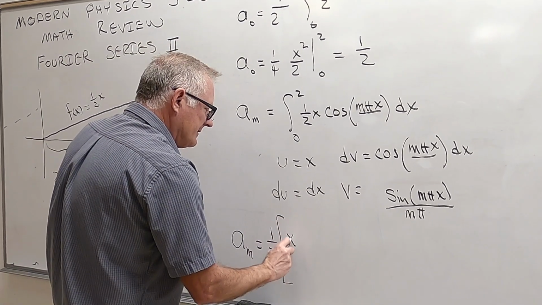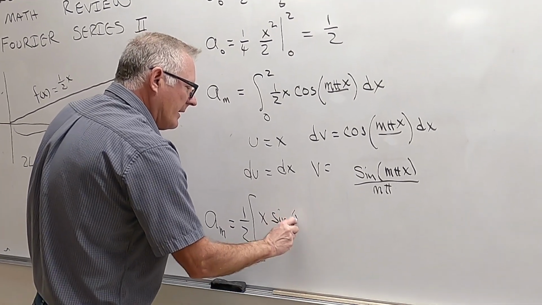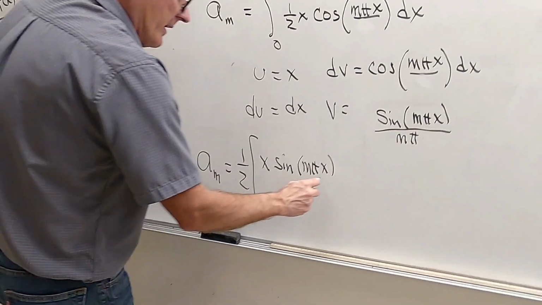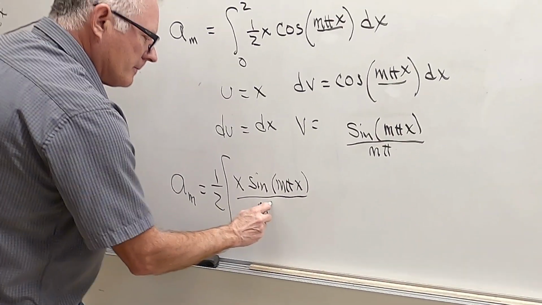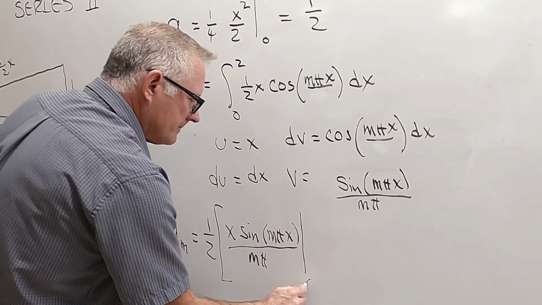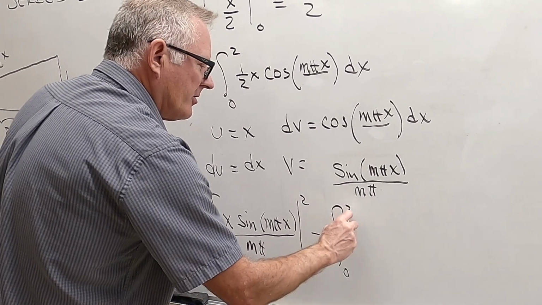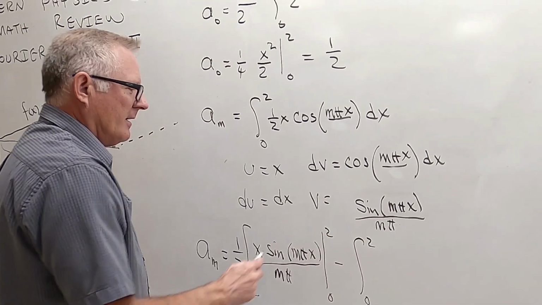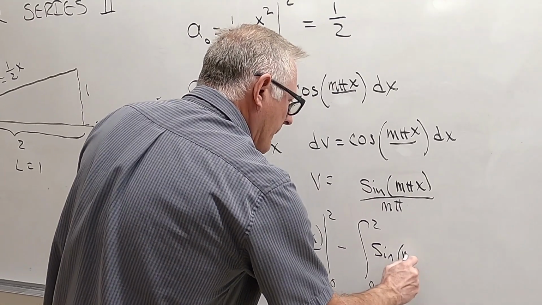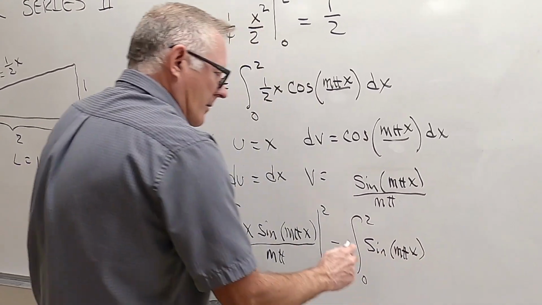So we got x times the sine of m pi x all over m pi, evaluated from 0 to 2, minus the integral from 0 to 2 of v, which is the sine of m pi x over m pi.